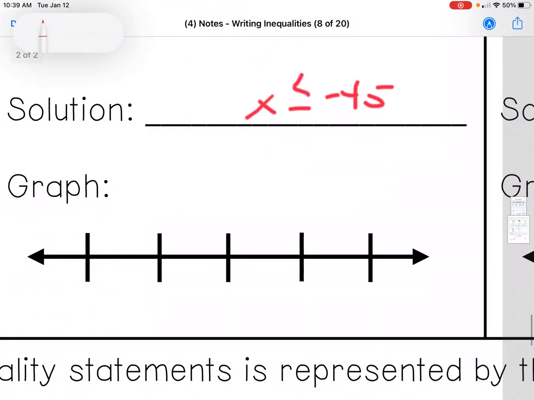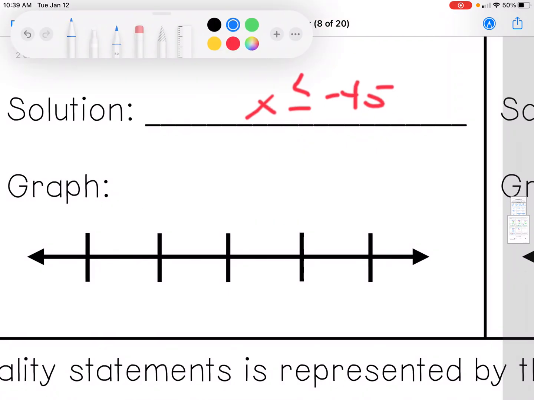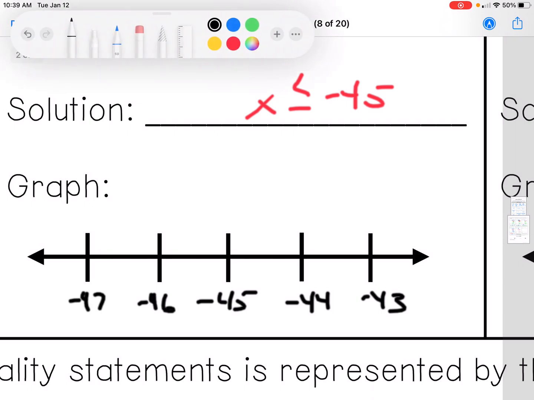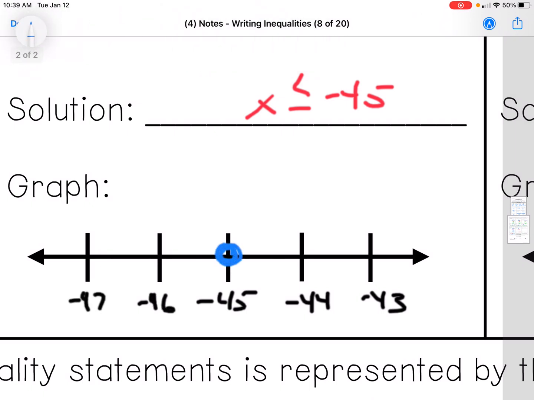All right, go down here, graph it for me. -45, -44, -43, -46, -47. It's a closed dot on -45. It is less than, so it goes to the left. Okay.